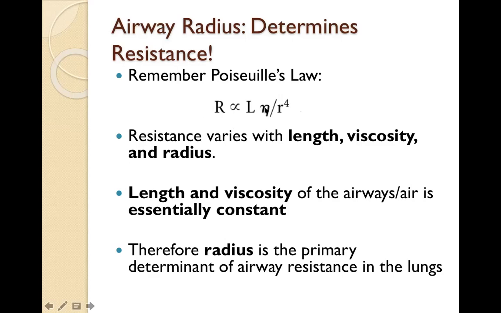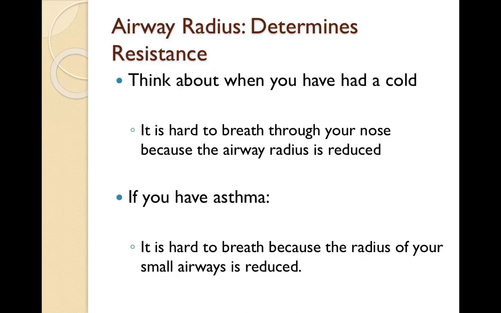In our airways, the length of the airway and the viscosity of the fluid, just like when we talked about the blood vessels, are going to be essentially constant in our normal physiology. So again, the only factor that's important in determining resistance to airflow is going to be the radius of the vessels.